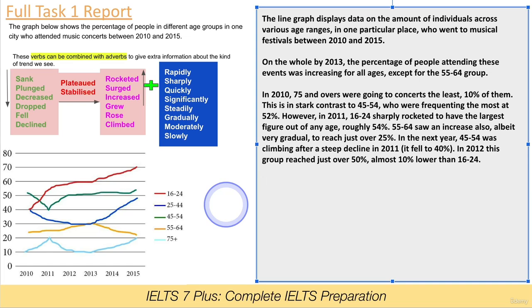Okay then, so I think we can go to our next group, which is the next 3 years. So what's happening in 2013? Oh, actually 55 to 64 and 25 to 44 are almost the same here. So we could start this off significantly.